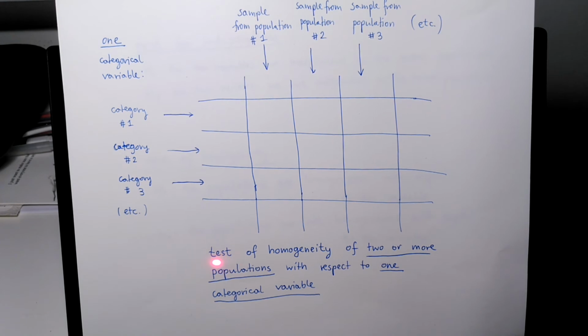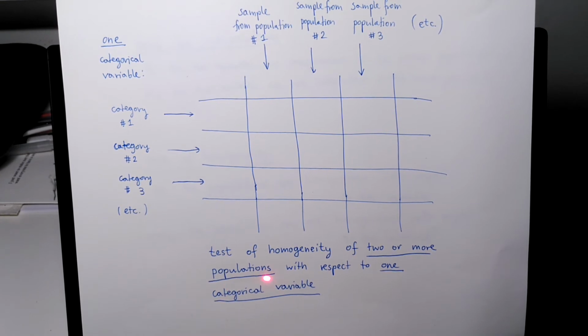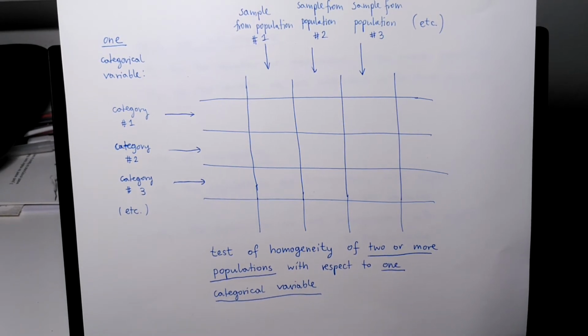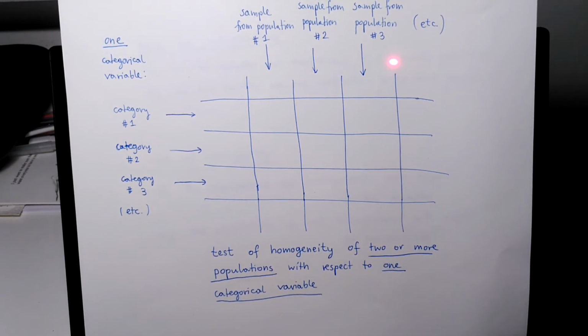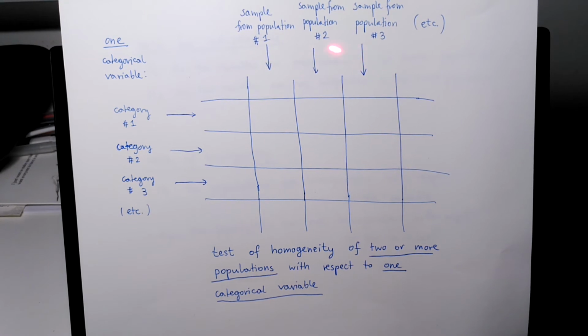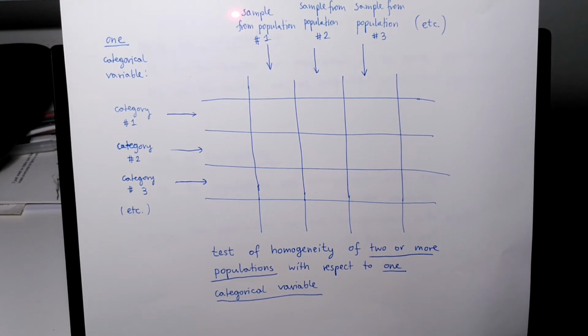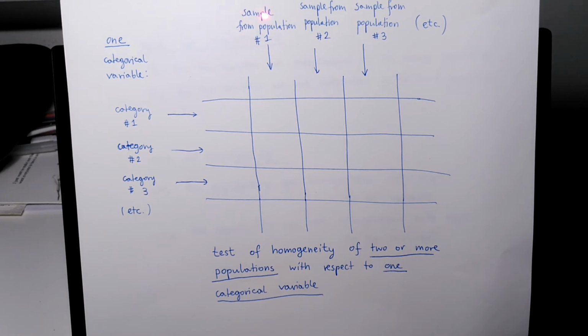The other test is the test of homogeneity of two or more populations with respect to one categorical variable. Thus, there is only one variable and there are several populations, two or more populations. And accordingly, there are several samples, one from each population.